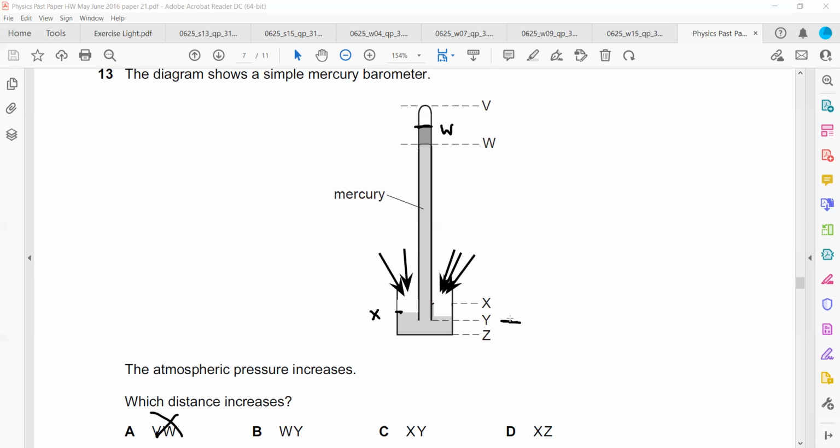In the beginning this was W and Y, but as a result, when the pressure increases, W rises up. So when W rises up, the distance between W and Y will increase. So for this question 13, B is the right answer.